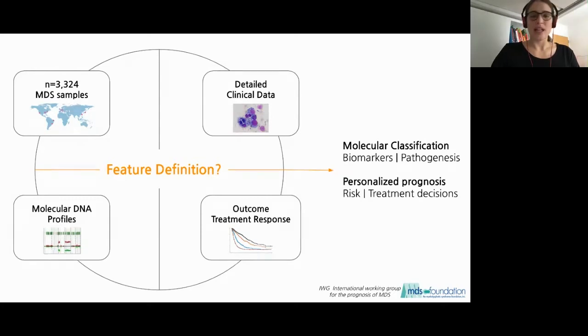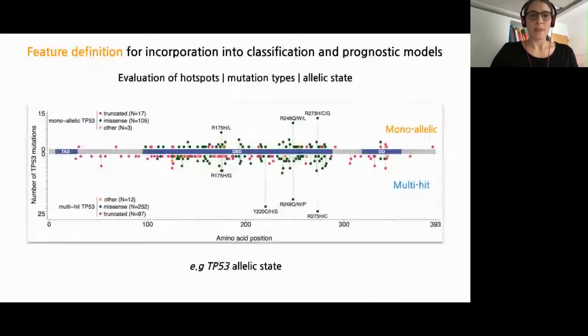However, large-scale genomic studies give us the opportunity to define features beyond this binary encoding, taking into account different types of molecular information. And to do so, we're evaluating genomic alterations at the level of different hotspots or different mutation types, such as truncating mutations or missense mutations, or allelic state as per monoallelic or biallelic.